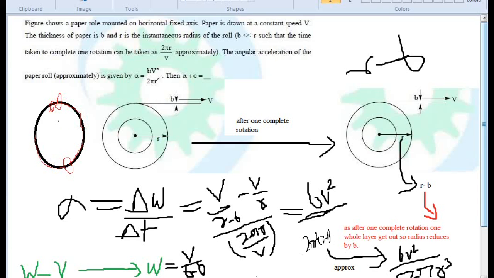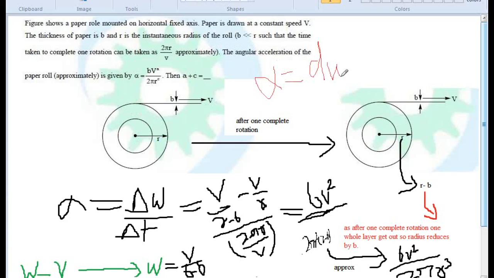So we are only taking the condition when the radius is equal. So we are not going to use the formula to calculate alpha is equal to d omega by dt, because the radius is varying. So we are going to use formula delta omega upon delta t, because for knowing d omega upon dt we must have proper idea about omega at any instance.